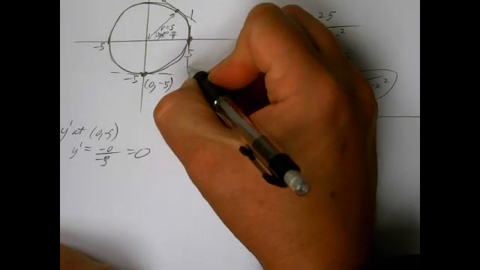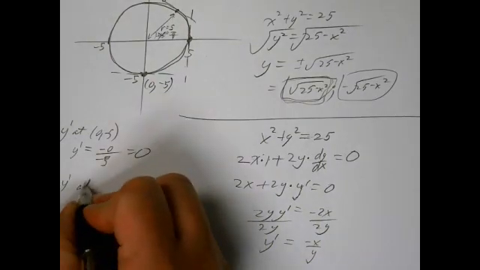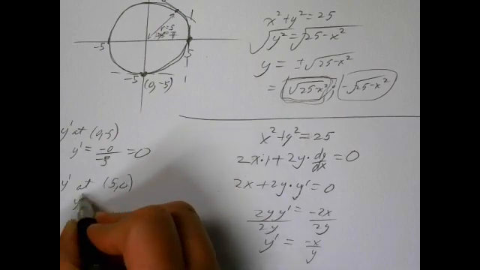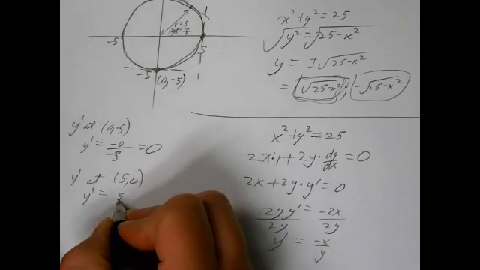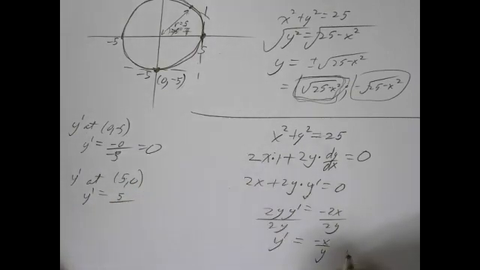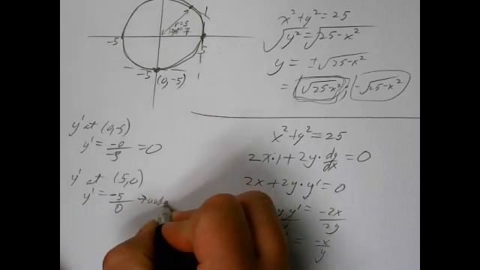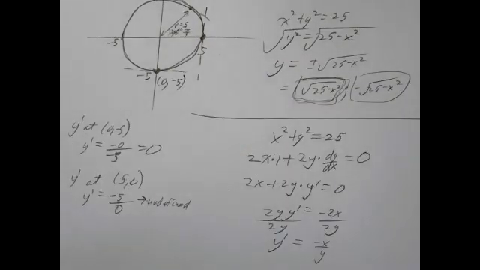So putting a tangent line there, we would say that y prime at the point 5, 0 is y prime equaling, again, it's an x, which was a 5, over, that's the opposite of x, over y, which at this point is 0, which is undefined, which again is exactly what we thought it ought to do.